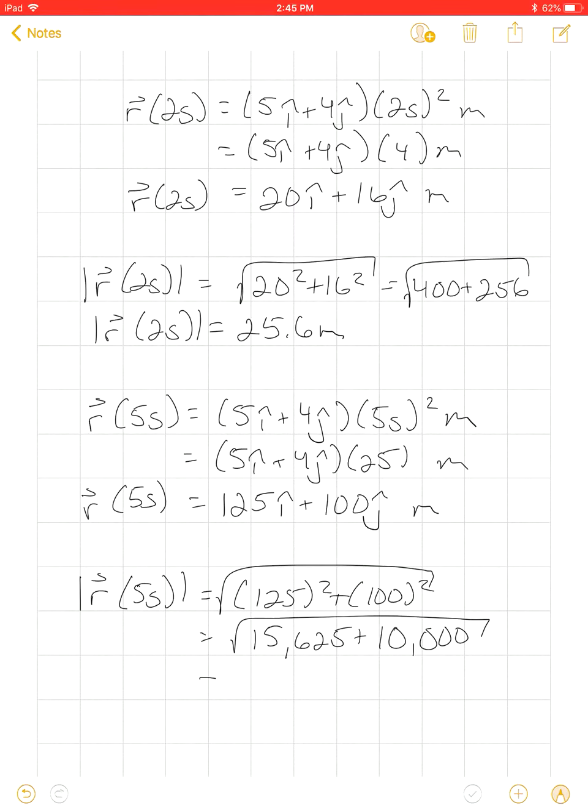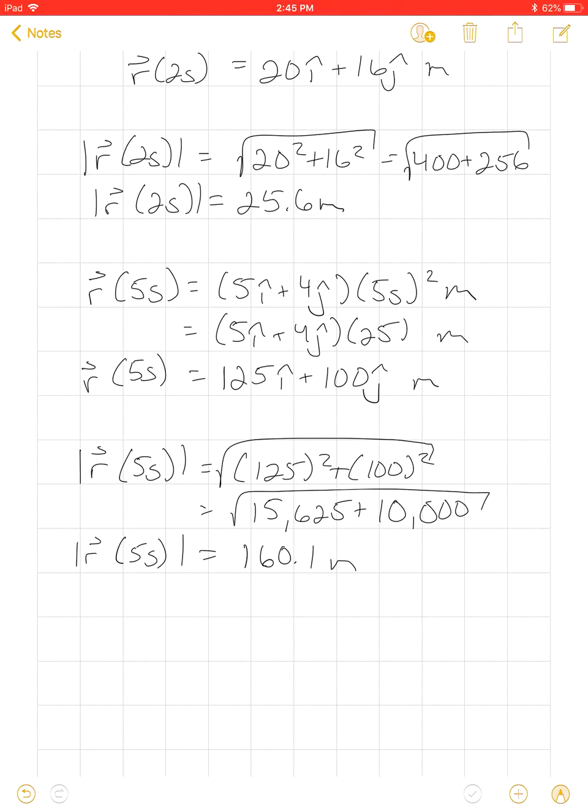So we add those up and then take the square root. We're going to have 25,625, and the square root of that is 160. We'll just go with 160.1, I guess, meters.